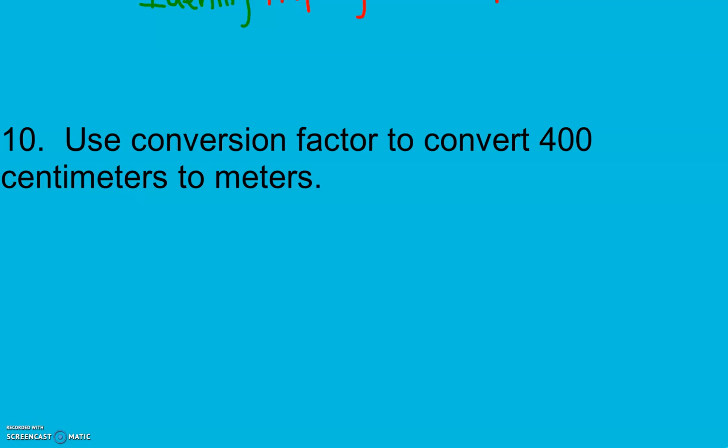We're going to use a conversion factor to convert 400 centimeters to meters. Here I start off with 400 centimeters. And I need to come up with the relationship between centimeters and meters. Well, if we look at our conversions, it tells us that 100 centimeters equals 1 meter.